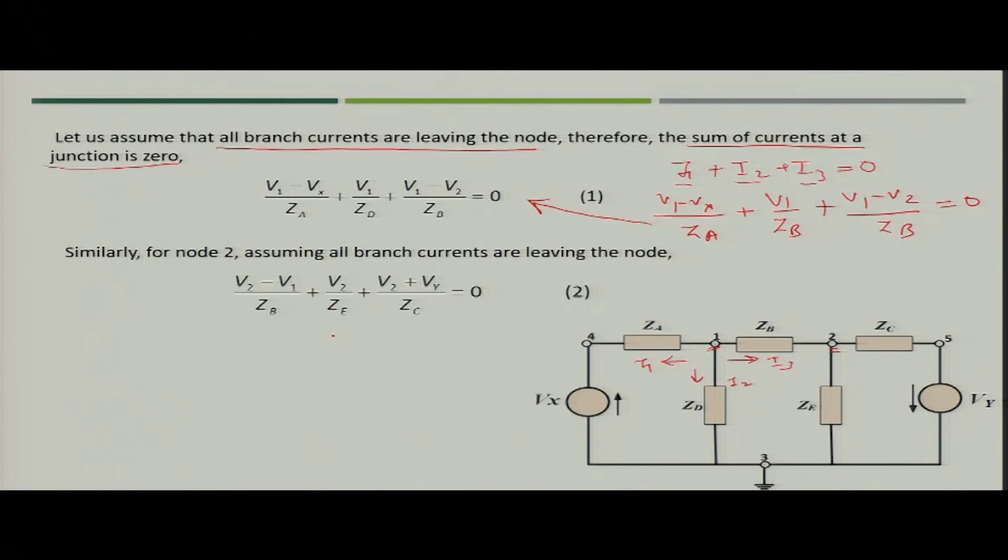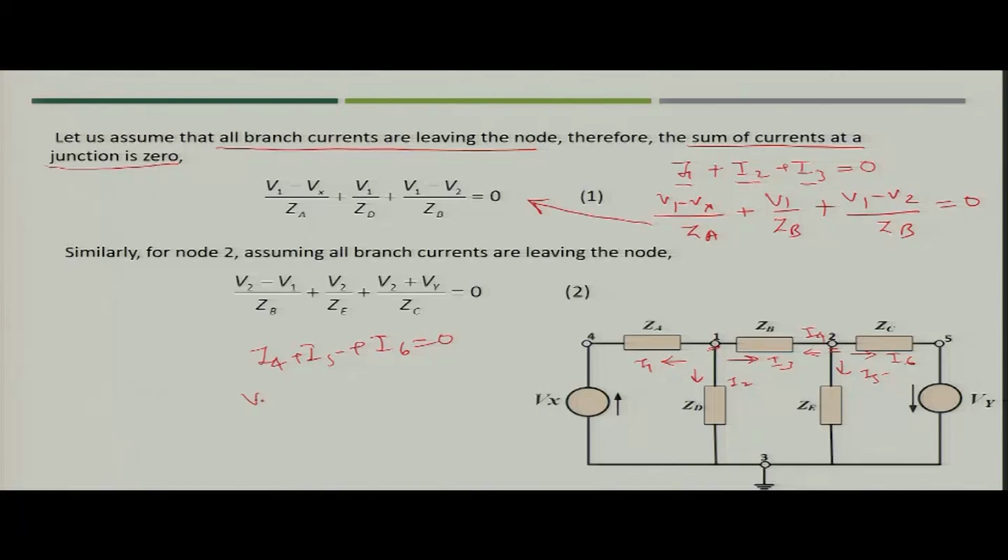Similarly, for node 2 what can you write? You can assume that in this case also the currents are like this. You can say they are I4, I5 and I6. Here I4 is nothing but minus of I3, but let us assume that I4 is different and is coming out of node 2. So, I4 plus I5 plus I6 is equal to 0.